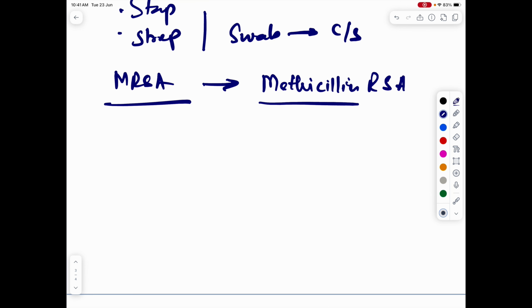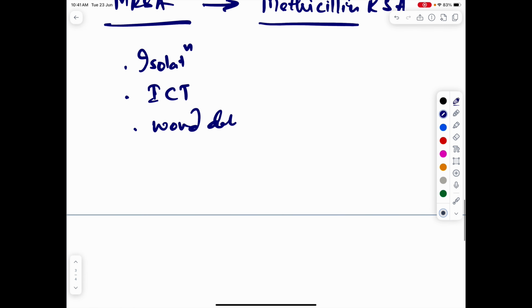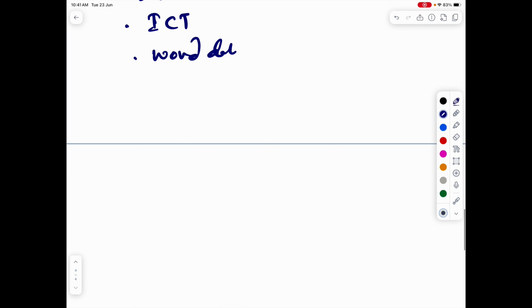So what you do, you isolate the patient. Isolation is important. The infection control team has to be informed. Then the wound has to be debrided and antibiotics have to be given. There can be nasal carriers or skin carriers.